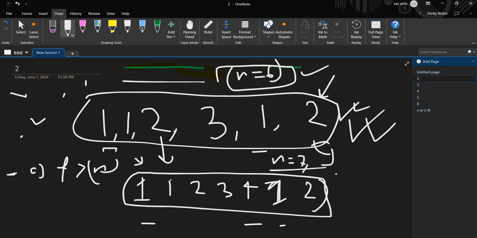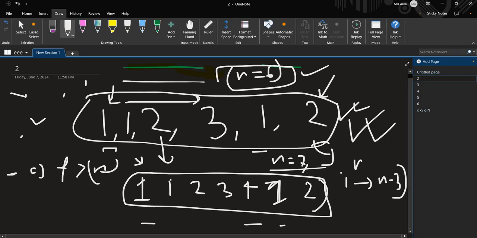And it did work. So the pattern is that the first value would be 1, and after that you will take incrementally values from 1 till n minus 3, inclusive. And then you take 1 and 2.